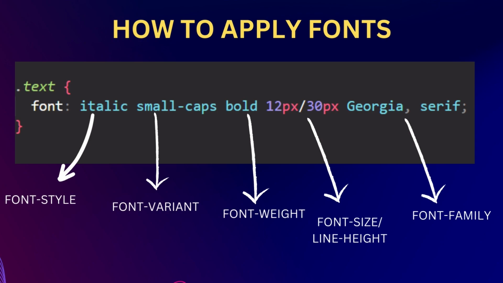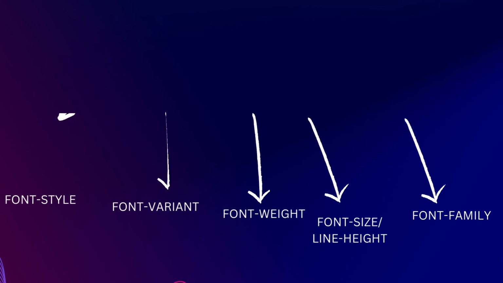It's a convenient way to streamline your code and simplify your CSS styling. Please take note that when specifying CSS properties for font size and font family, it is essential to include the values. If any of the other values are missing, the default value will be applied instead.